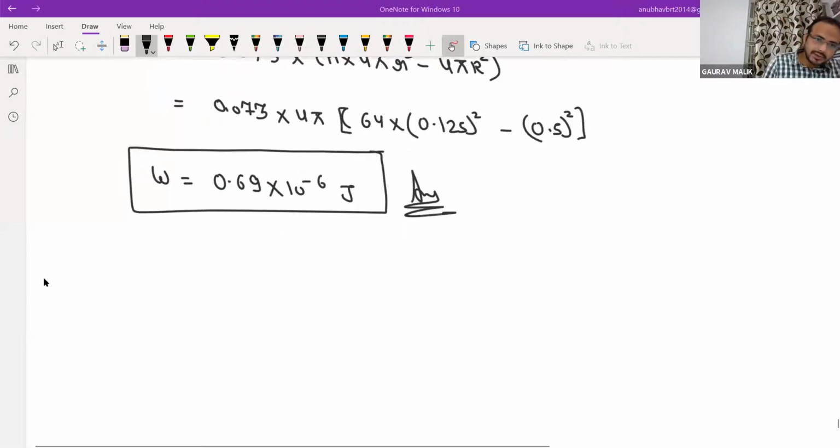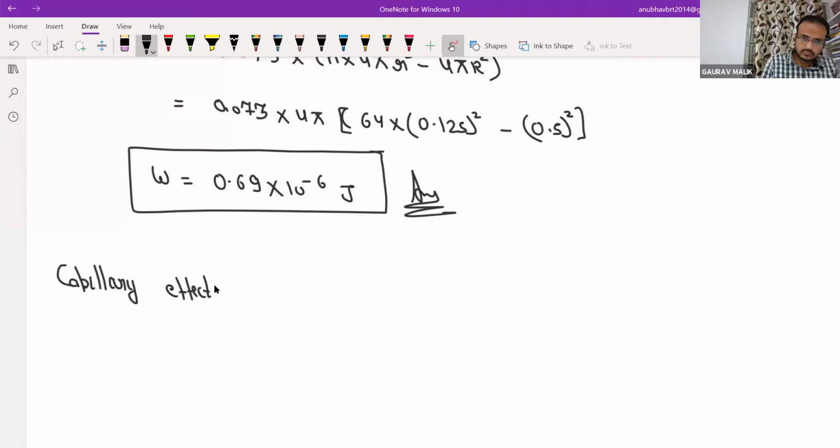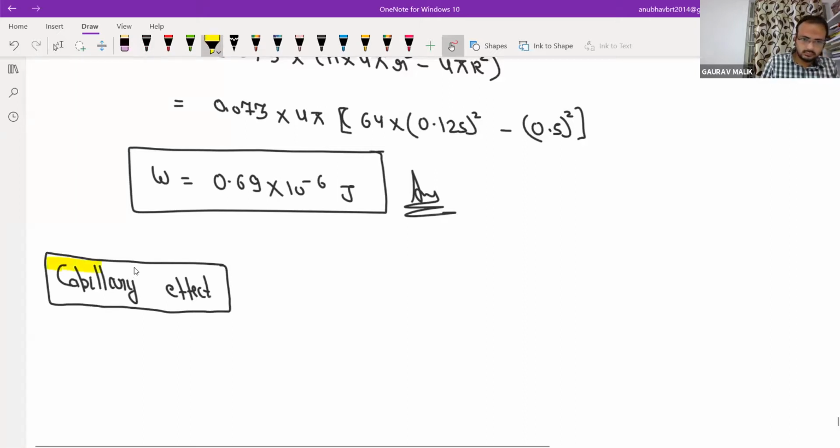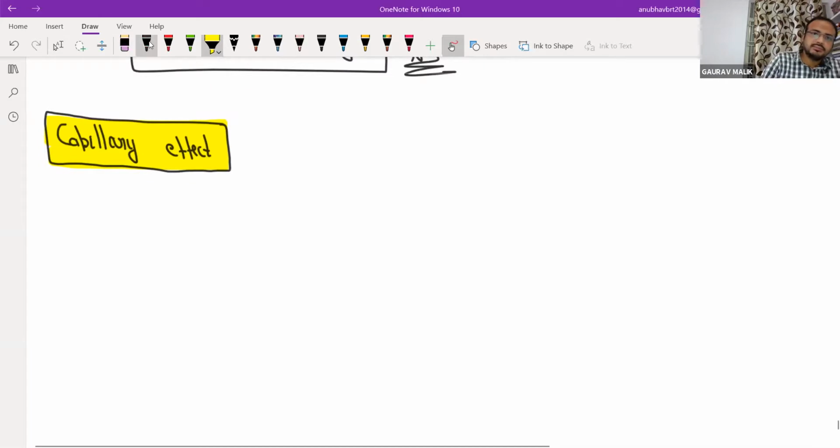Write down next, capillary effect. Again, it is also a consequence of surface tension. Can you tell me any example of capillary effect?